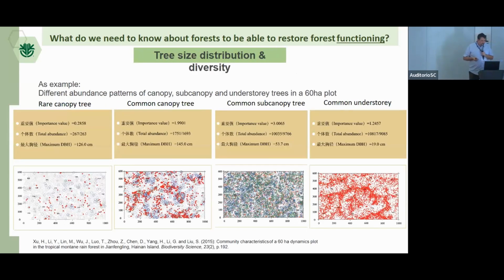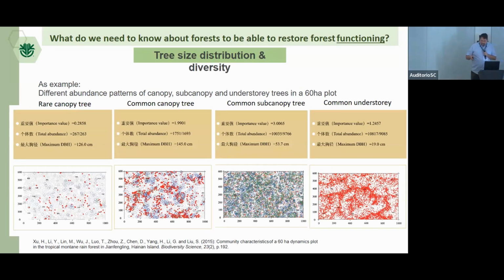But here is an example where we can see different tree heights: canopy trees, sub-canopy trees, and understory trees. This is based on a 50-hectare or 60-hectare plot in Hainan. But the important message here is that abundance is not the same for different tree species. Some are ultra common, some are really rare.